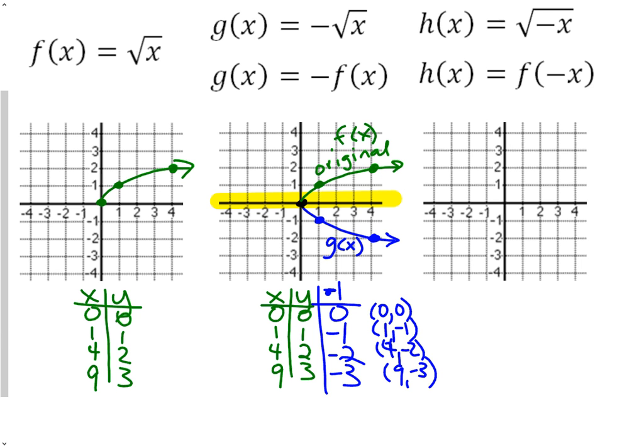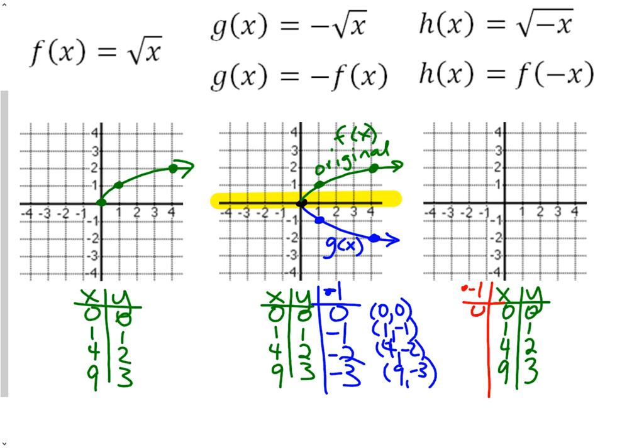Okay, what if the negative sign is under the square root though? So again, let me put my base graph down. Well, this time, if the negative is underneath, then the x values are being multiplied directly by -1, so times -1.